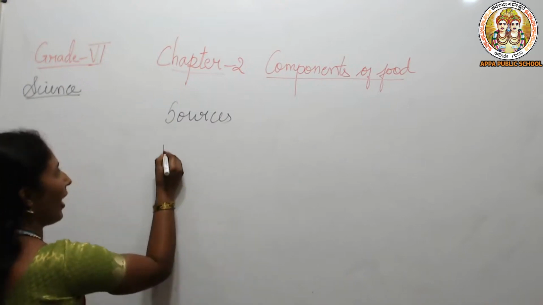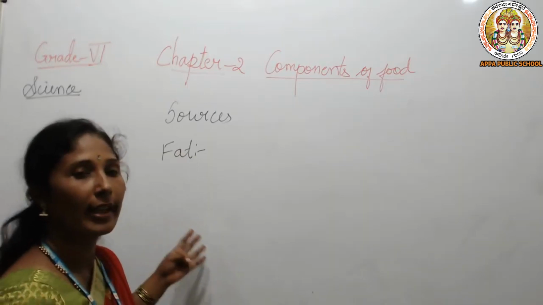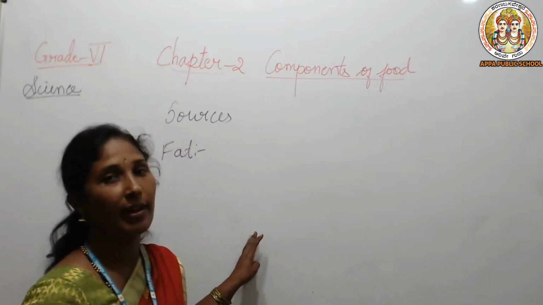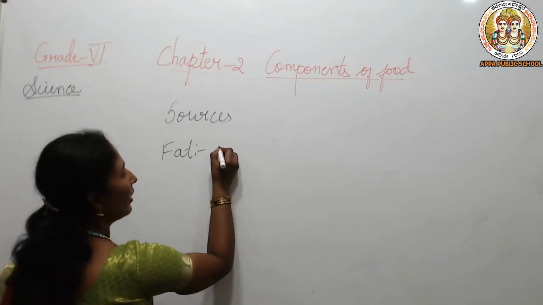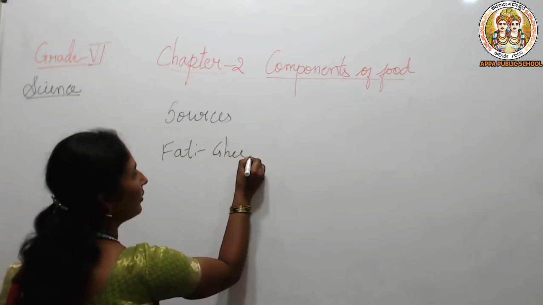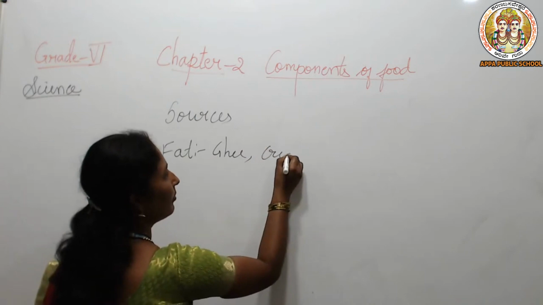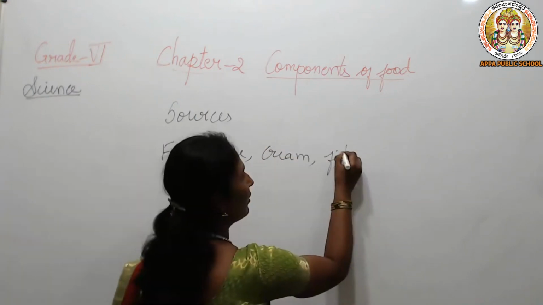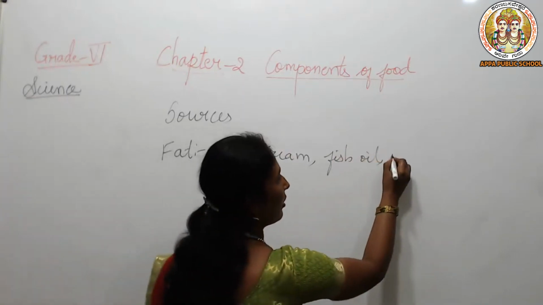That is fat. So same, fat also we get from animal products and from plant products. From animal products like ghee, yes, cream, from fish oil, yes, we'll get fat content.